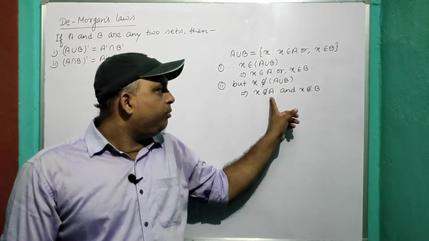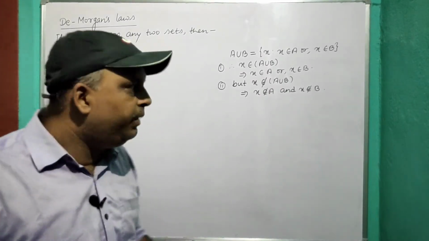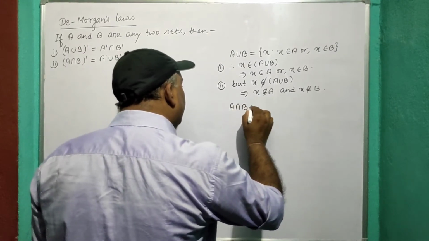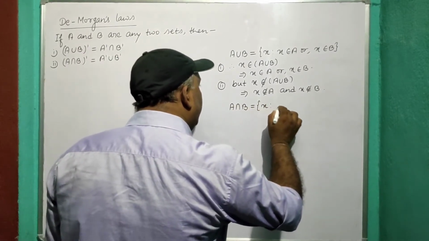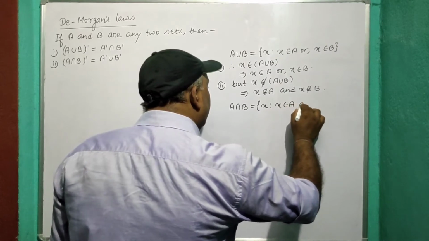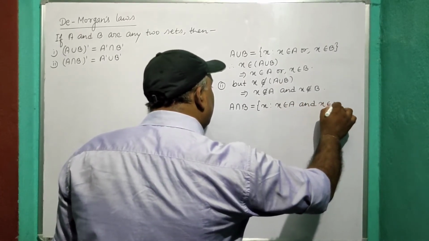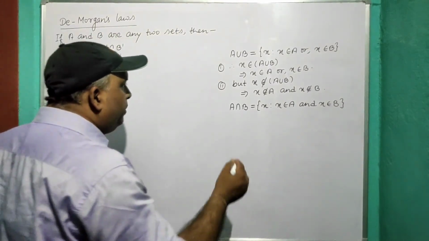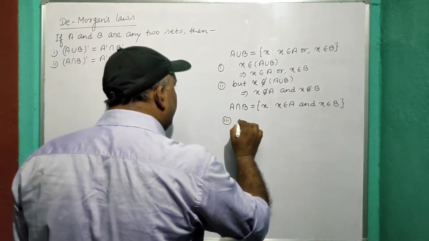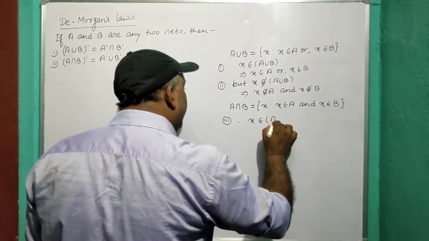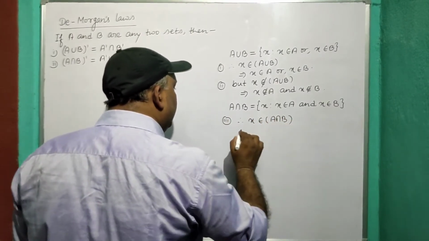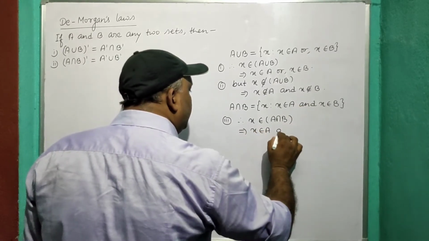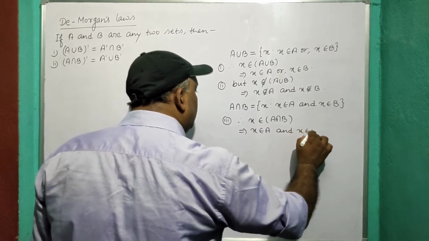We write x does not belong to A and x does not belong to B. Similarly, A intersection B, by definition we write x belongs to A and x belongs to B. ये definition हम लोग लिखते हैं. तो अगर आपके प्रॉब्लम में दिया हुआ है that x belongs to A intersection B, in that case we write x belongs to A, intersection में AND होता है तो यहाँ लिखोगे x belongs to B.